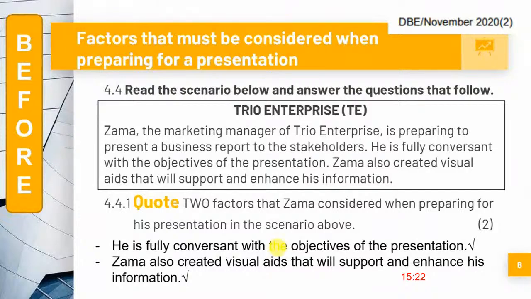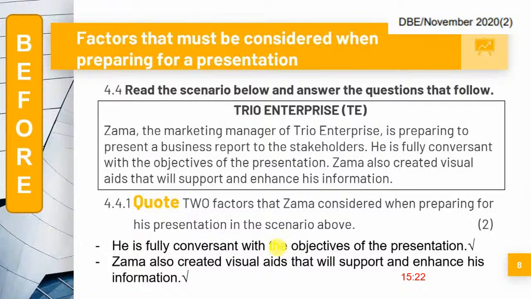Here is a typical question on factors that must be considered when preparing for a presentation. Read the scenario below and answer the question as follows. Zama, the marketing manager of Trio Enterprise, is preparing to present a business report to the stakeholders. He is fully conversant with the objectives of the presentation.